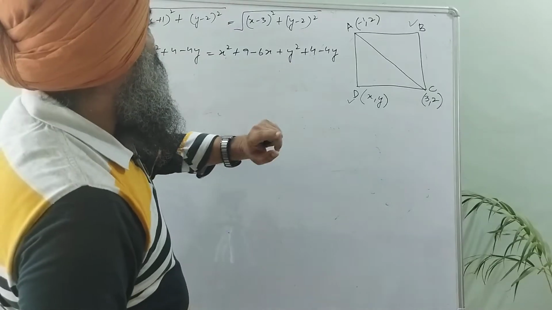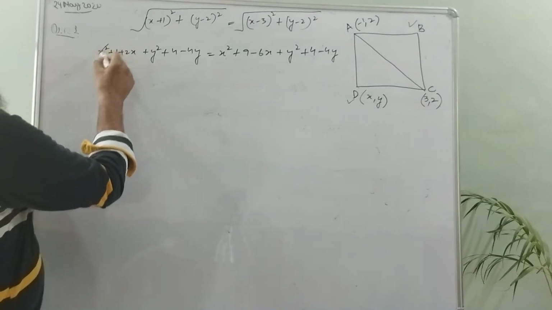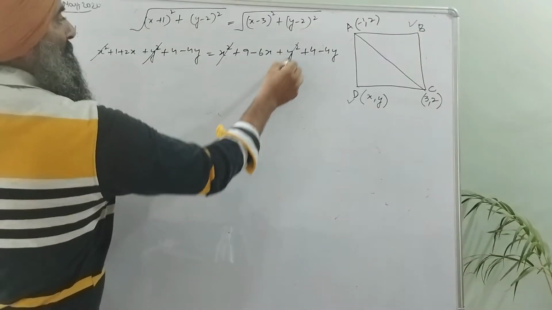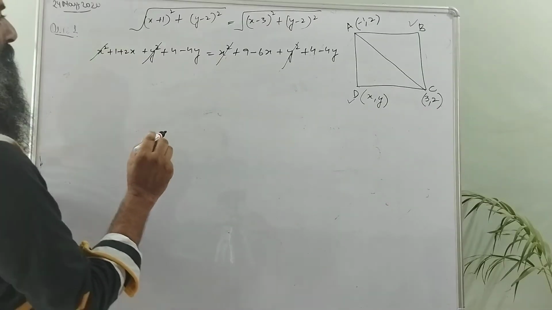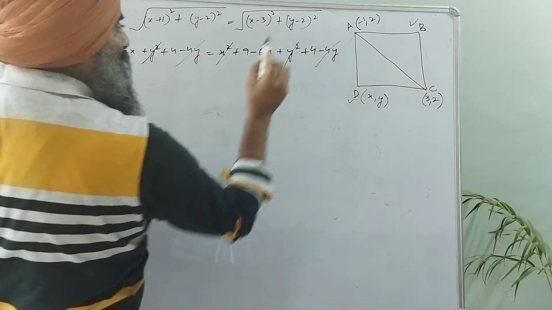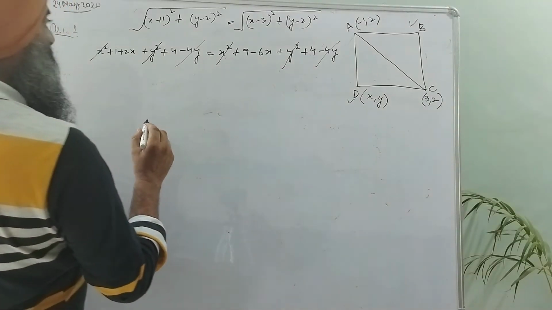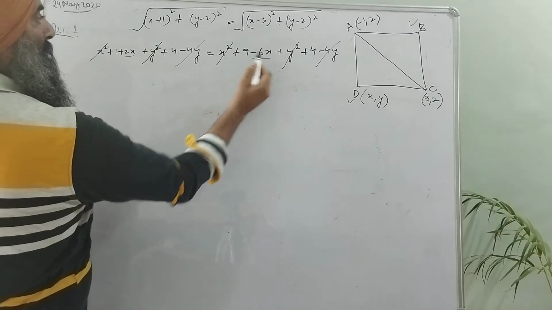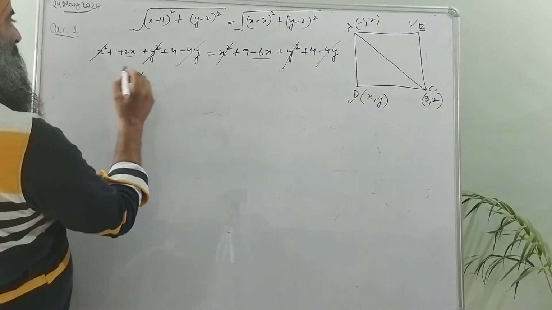Any mistakes, students? A simple formula, a plus b whole square. Correct? Please check it. Correct? Minus 6x. This is y square plus 4 minus 4y. Correct. Now see, students, x square, y square, x square, y square cancels. Alright. Also minus 4y cancels. Right? So you get 2x minus 6x becomes 8x.